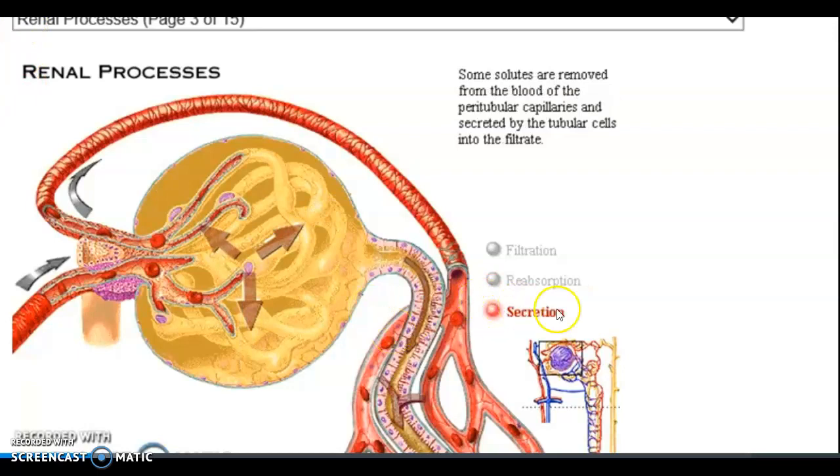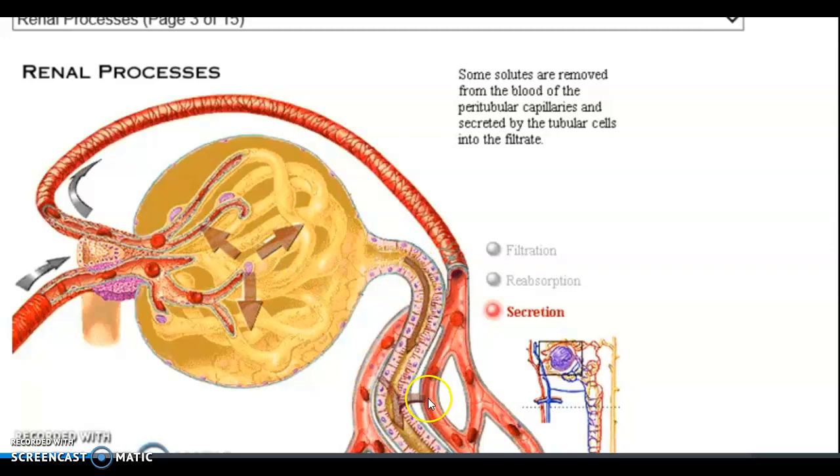Okay, notice our third step is called secretion, and what we're doing now is making very minute adjustments of product that was still in the bloodstream that didn't get filtered out initially, that we still don't want to keep in the blood, but that we want to get rid of. So we have basically one more chance to get rid of products, even though, again, this is a very, very small amount compared to what was filtered out and compared to what was reabsorbed.